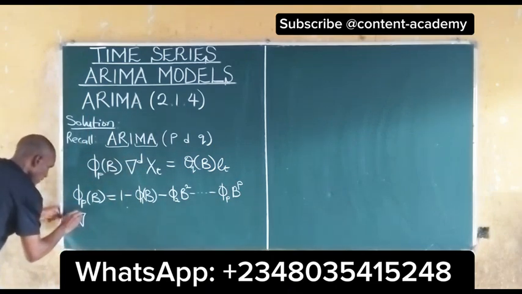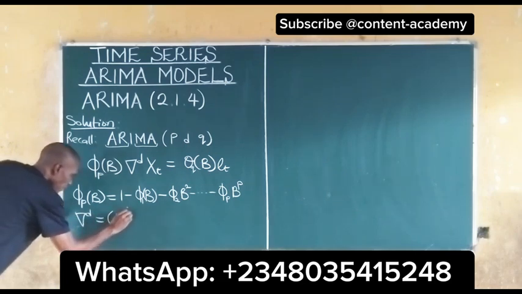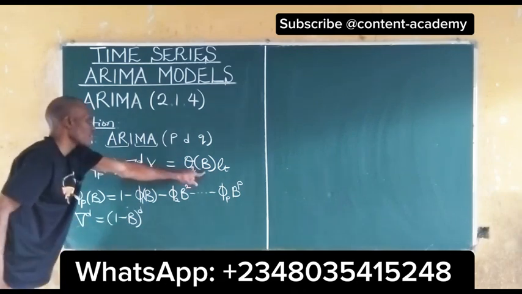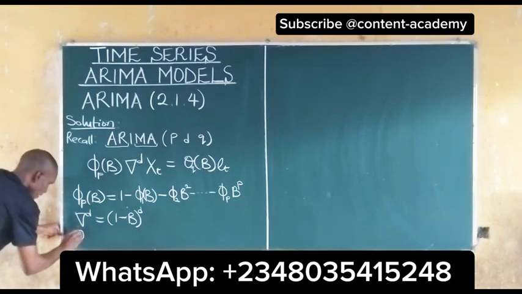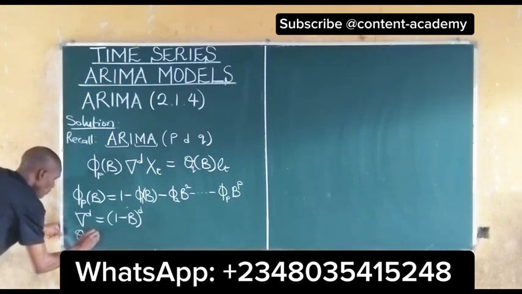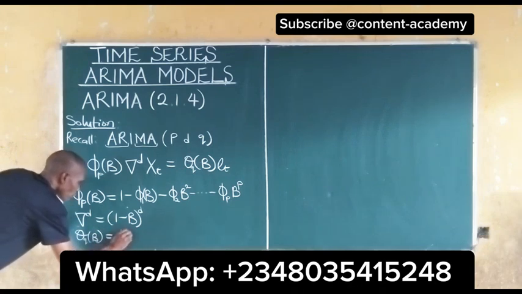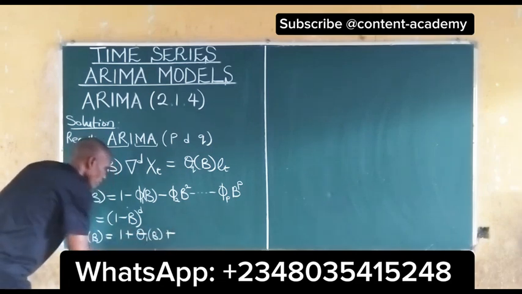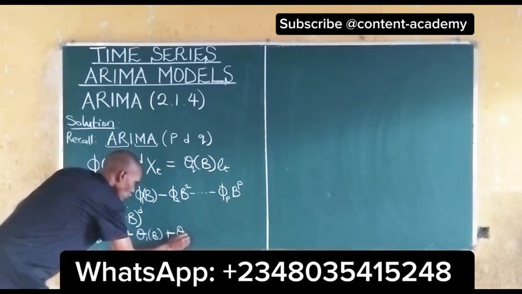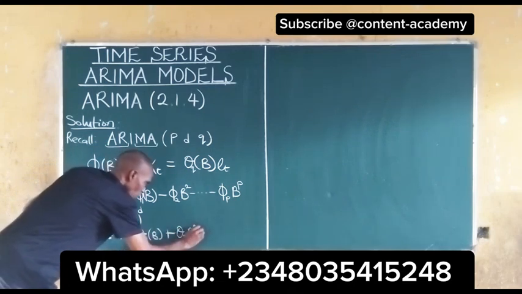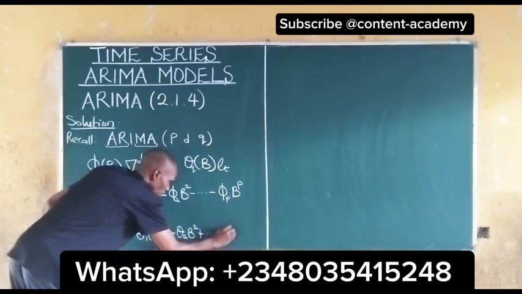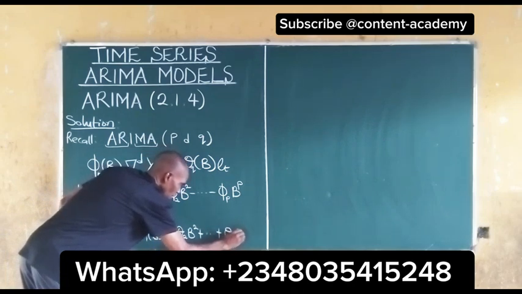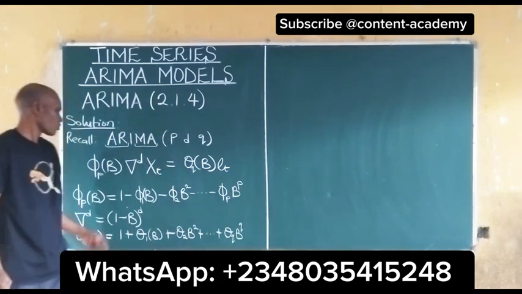And we have our differencing as 1 minus B. We also have the moving average, which is theta of order q, B, to be equal to 1 plus theta_1 B plus theta_2 B^2 plus, it continues that way to give us theta_q B^q. So this is it.